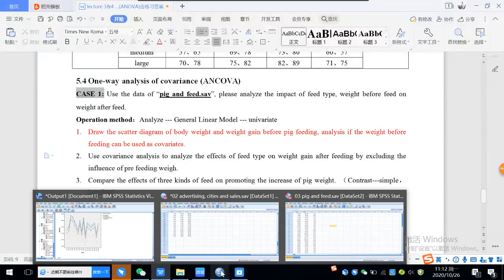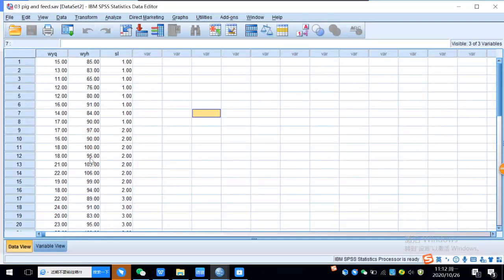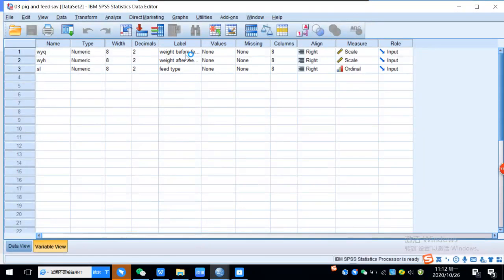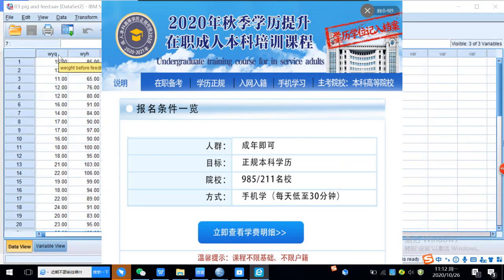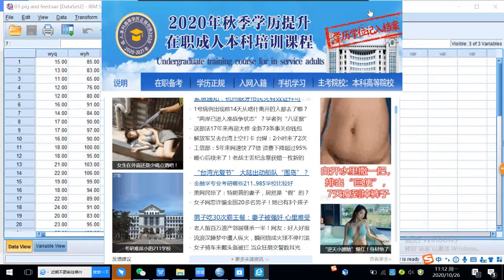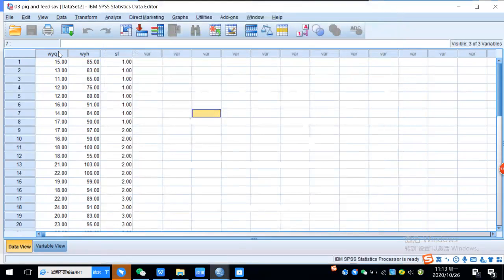Here are the types of feed and the weight before feeding.